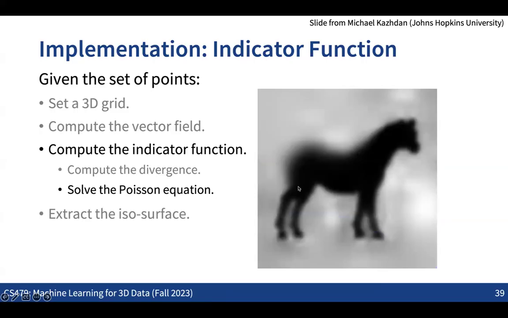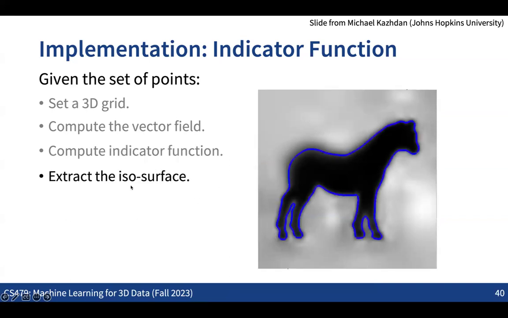And once you get the function values at the center of the voxels or the corners of the voxels, based on that, we can now extract the isosurface, the zero level set, in the space. So this is the higher level idea of how we exactly do the global optimization.